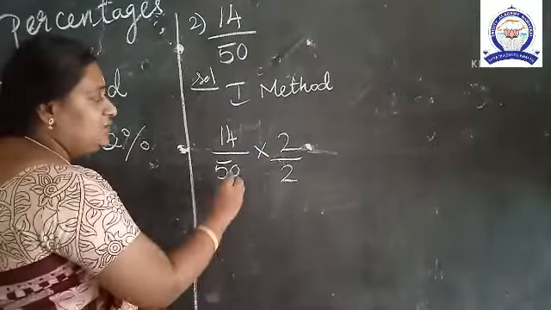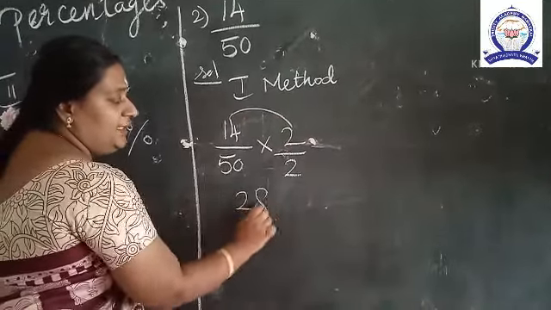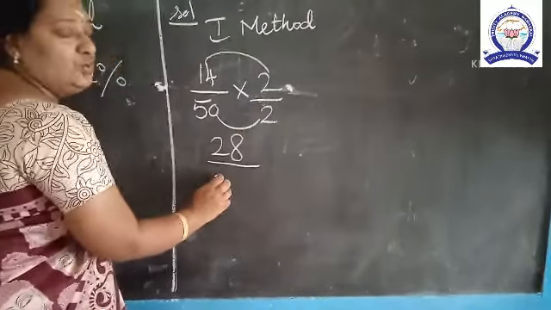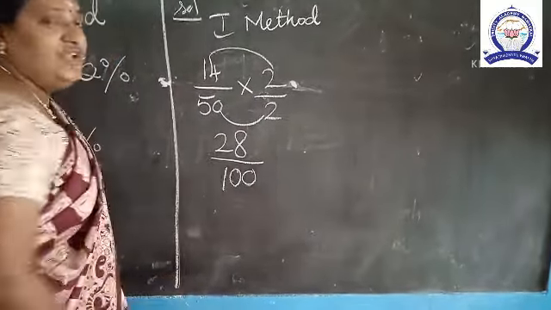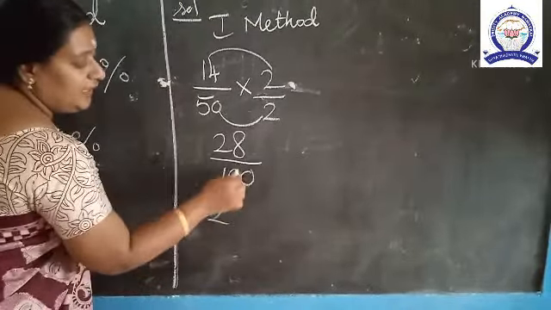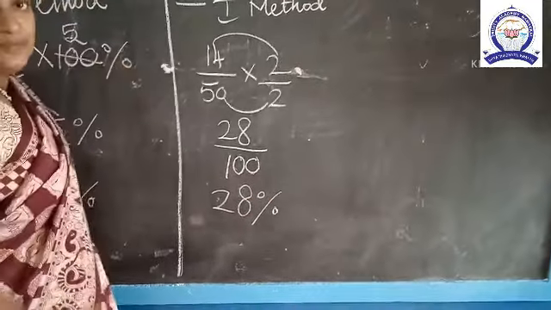Same number. 14 2s are 28, divided by 50 2s are 100. Now the answer is 28 out of 100, so 28 percentage. This is the first method.